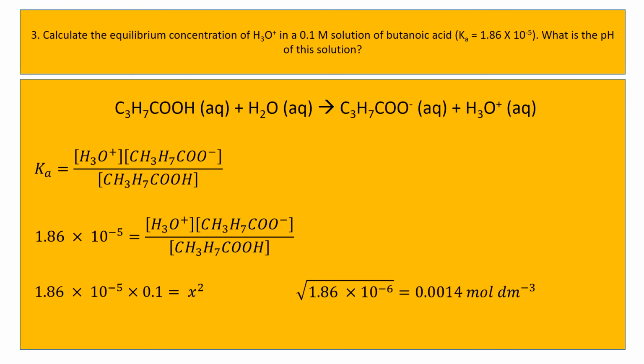So the square root of 1.86 times 10 to the minus 6 here is equal to 0.0014 moles per decimeter cubed, and that gives us the concentration of H3O plus in that 0.1 molar solution of butanoic acid. To calculate the pH of the solution then is just minus the logarithm of the H3O plus concentration, and the pH of that solution is 2.9.